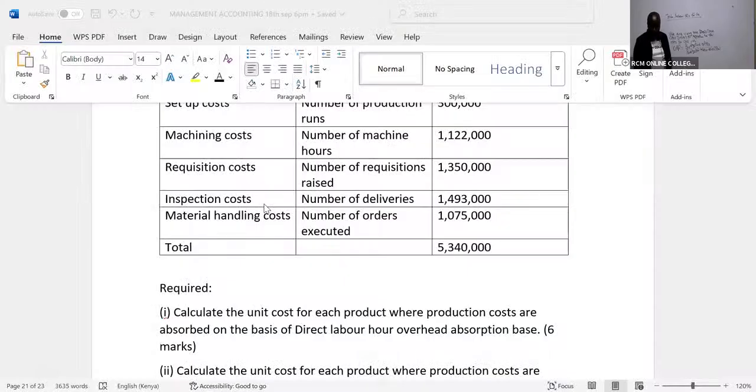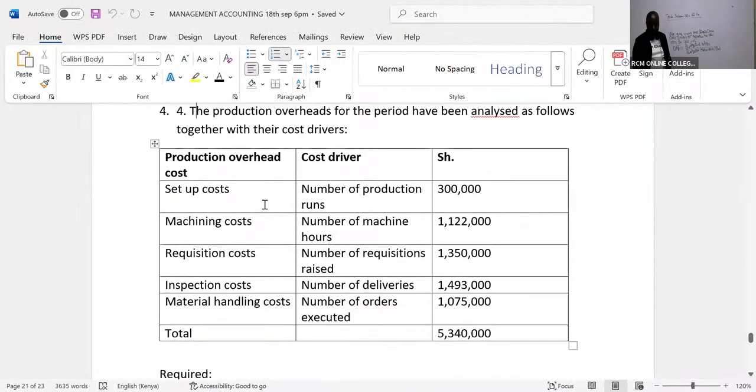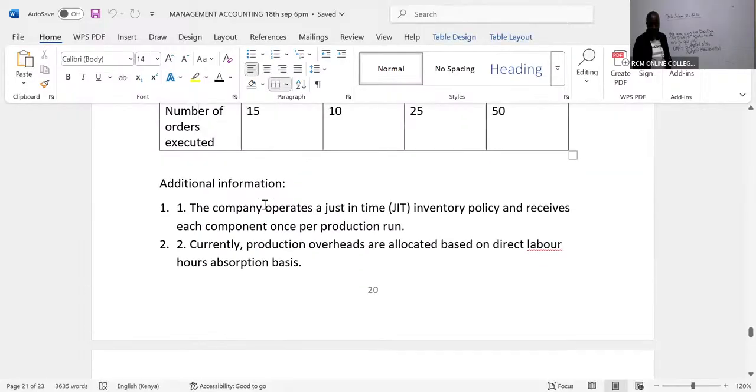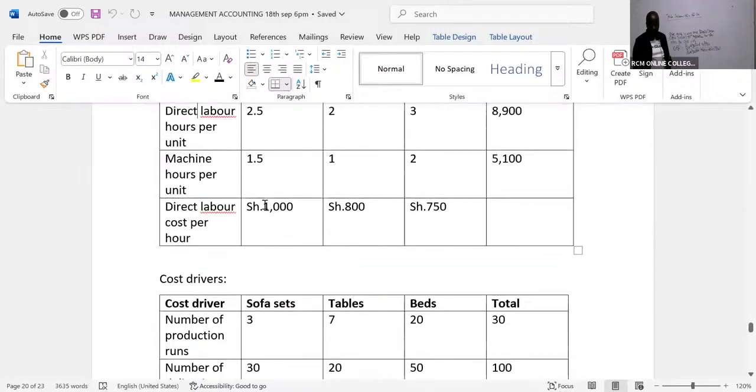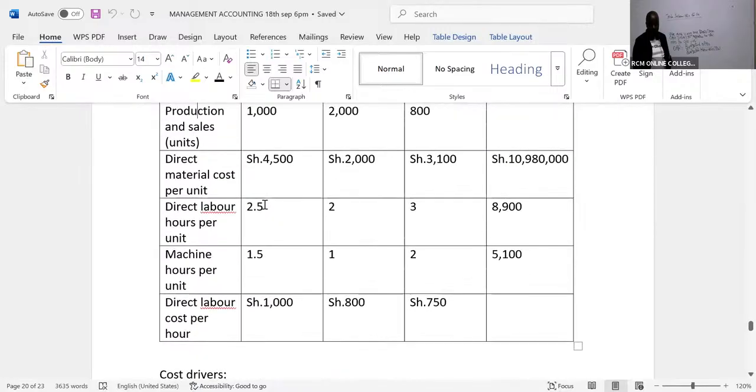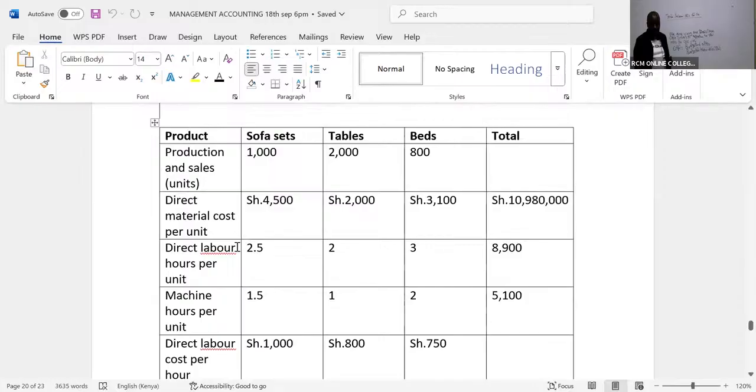Now, ladies and gentlemen, there is a great place they have given us here, the labor hours. So you can see direct labor hours per unit. We have direct labor hours per unit, but I'm interested in the total. So if I want to get the total, what should I do?